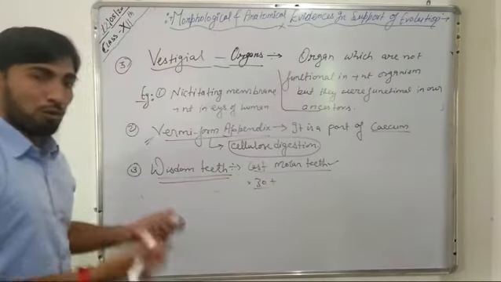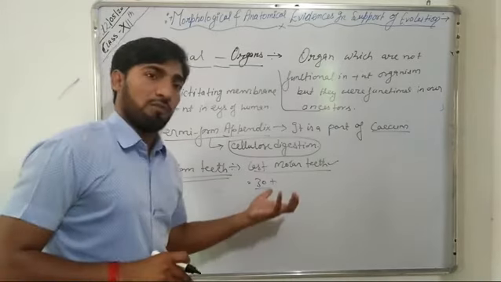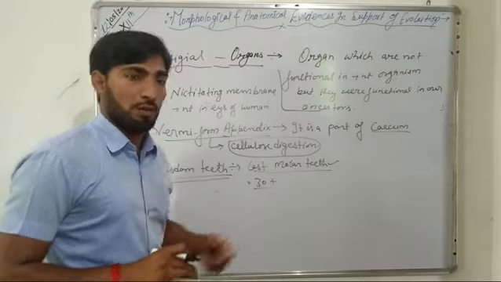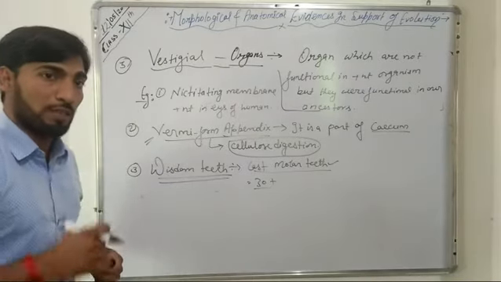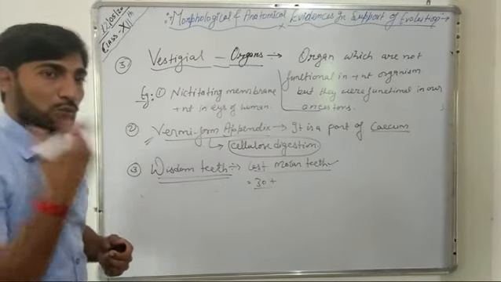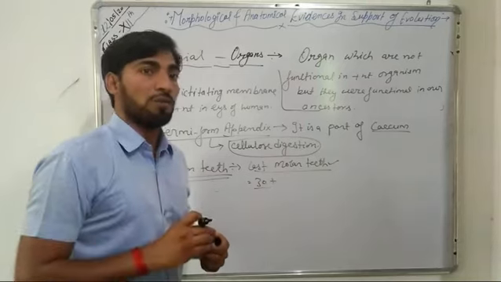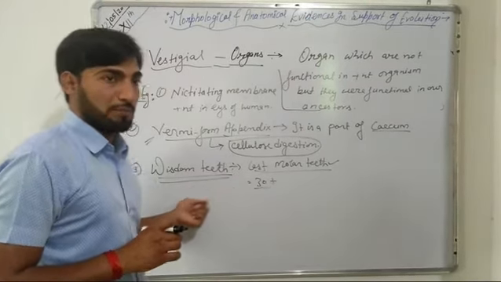When they are not present up to 29, 27, 26, we can still manage our eating. So wisdom teeth are also an example of vestigial organs. They were present in our ancestors and used for chewing the hard parts of food, but at present they are non-functional.